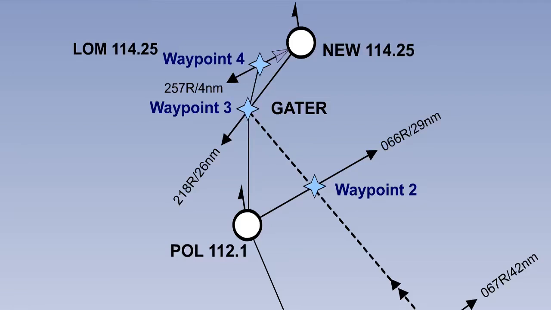He selects the locator outer marker as waypoint 4, which is on the November Echo Whiskey 257 radial at 4 nautical miles. This is the starting point of the ILS procedure. He can then select the ILS at Newcastle Airport, which he designates as waypoint 5.